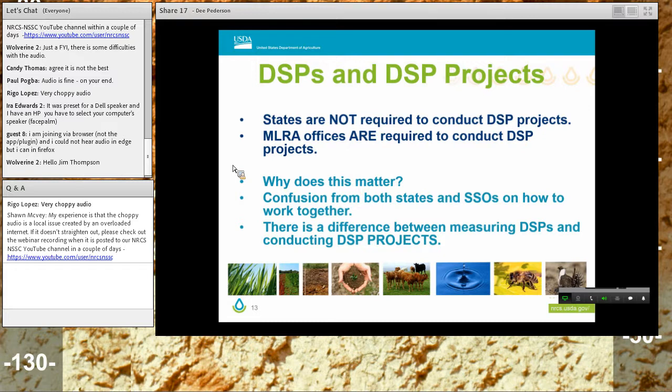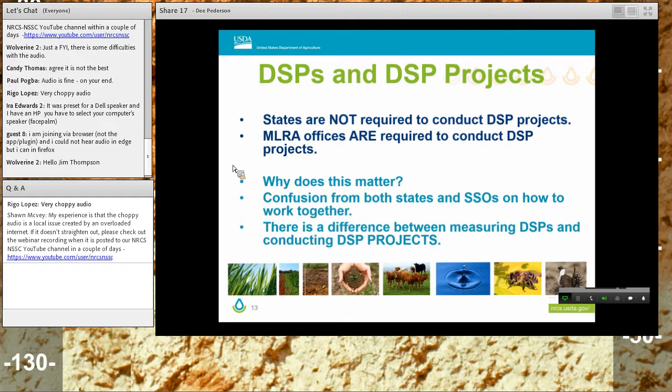All data is useful in some way, and it doesn't mean that the MLRA Soil Survey Office can't help the state with their efforts. It simply means that the Survey Office will have to assist the states under the guise of technical soil services, or the Survey Office can take the state effort and expand it into a full-fledged DSP project. And this, of course, would be my recommendation because I'd rather kill two birds with one stone instead of multiple stones.